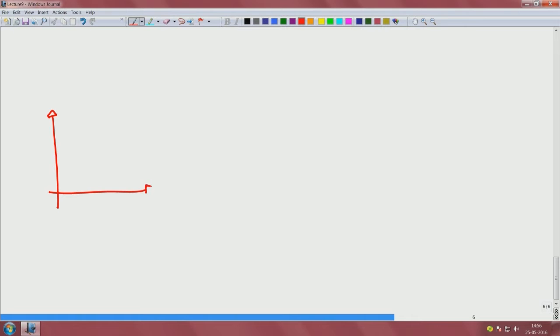So, for that let us take a geometry problem for which we know the solution already. When I state the problem you will know. Let us take a coordinate system, x and y, and I choose 2 points.